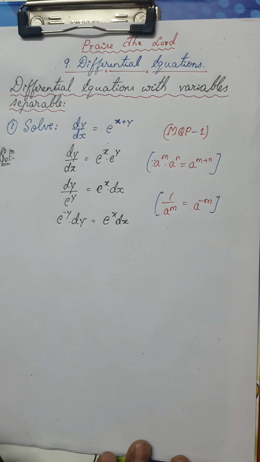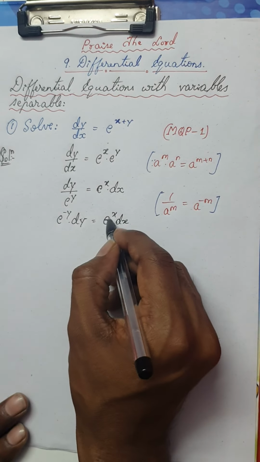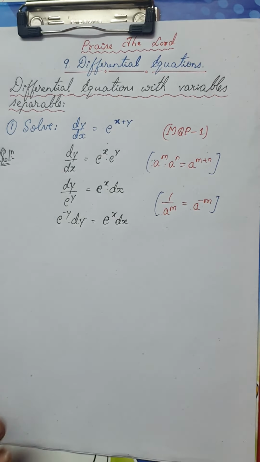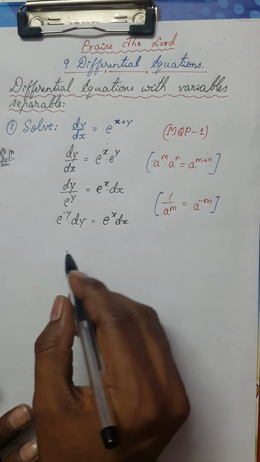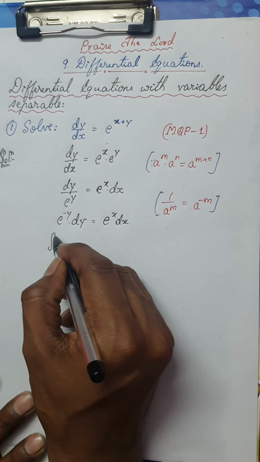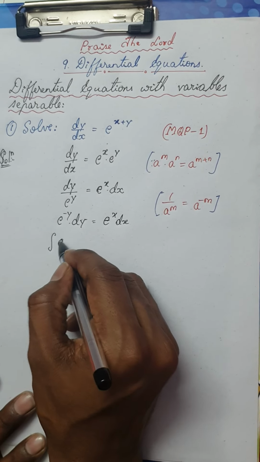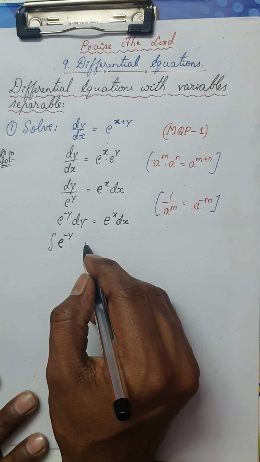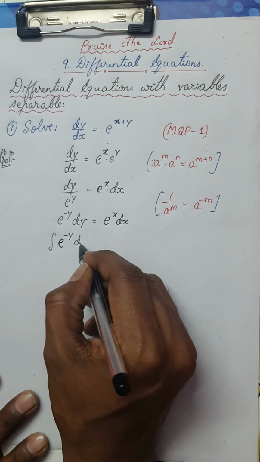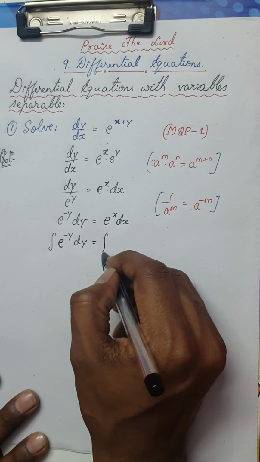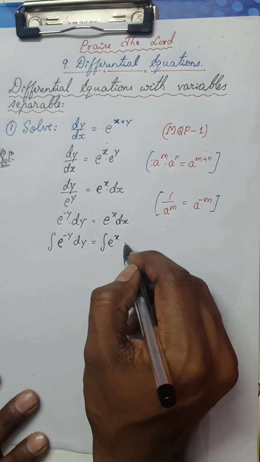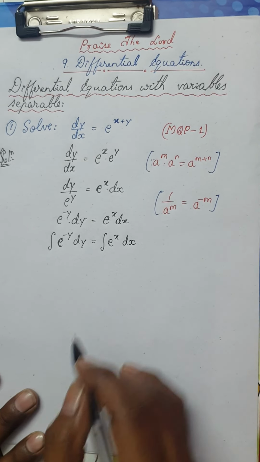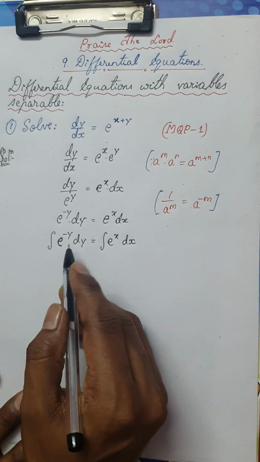So it's a very simple question. You can easily get 3 marks if this question is given for you in the examination. Now you have to integrate the terms. Okay, so apply the integral sign now. Integral of e power minus y dy is nothing but integral of e power x dx. Now what is integral of e power minus y?